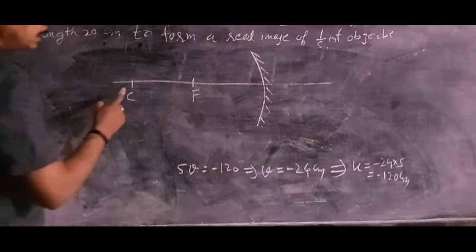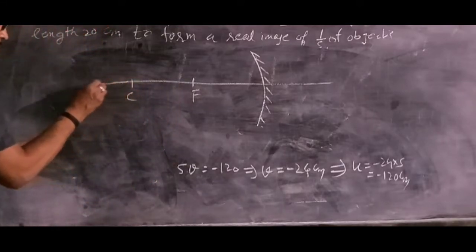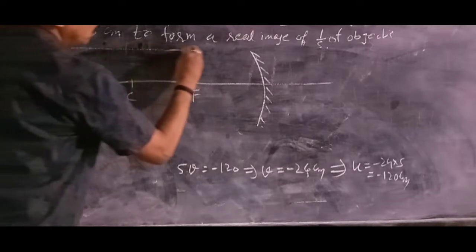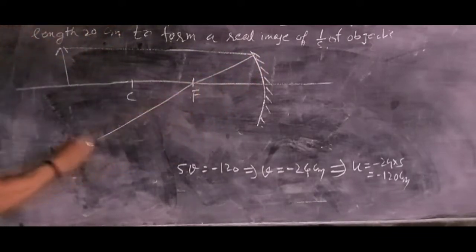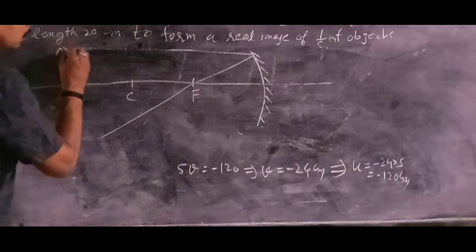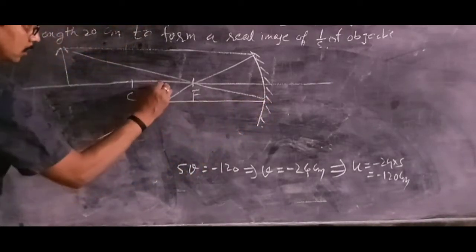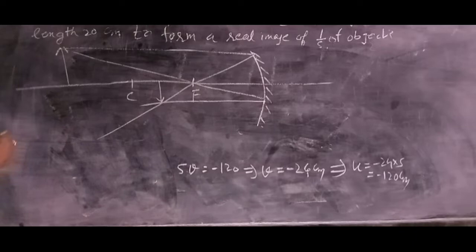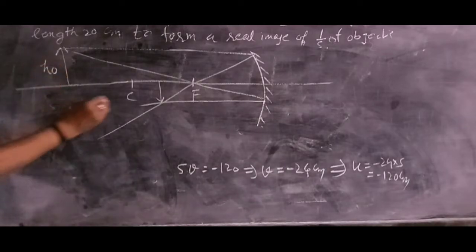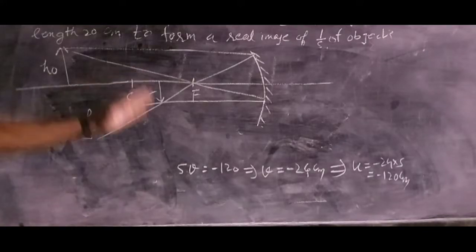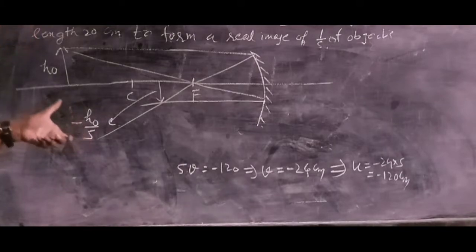This happens when object is put beyond C to infinity, and image is formed between C and F, and is smaller in size. This is object height and this is image, minus h naught by 5. Since image is downward, therefore its distance will be taken as negative. That is the solution. That solution answer is minus 120 centimeter.